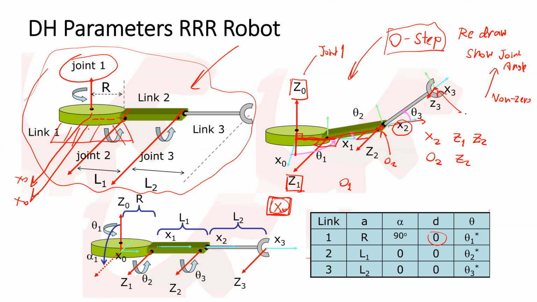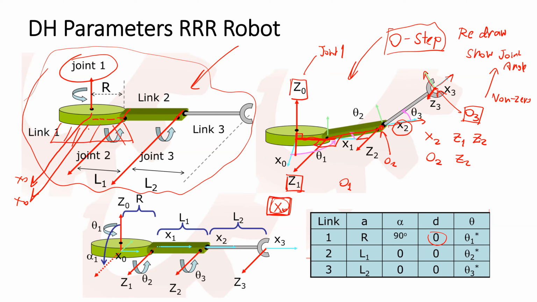In this case, we just want to put the origin of the final frame on the end effector location. For the direction of the axis, we will have the explanation about the axis.